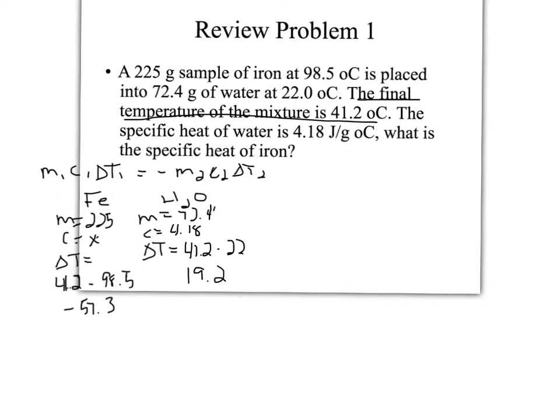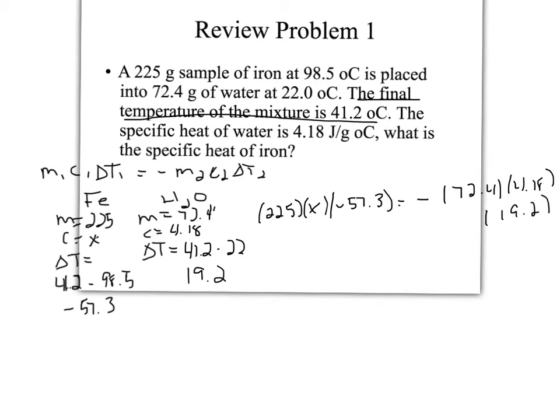Once you have that information down, you're just going to plug it into the formula. So we're going to have 225 times x times negative 57.3 equals negative 72.4 times 4.18. Kind of ran out of room. We'll just smush it in here. Times 19.2.